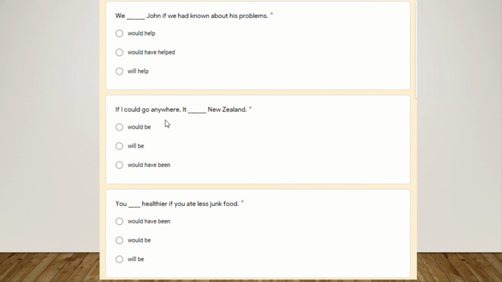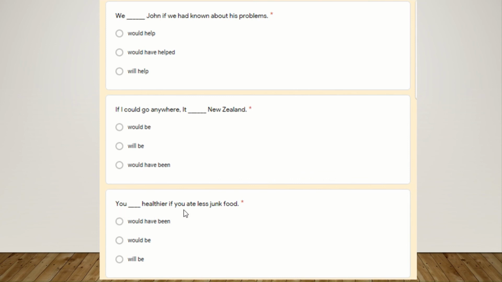This could be. So if you see the would and the past tense here, you just have to analyze what type of condition you have. If I could go, remember that we can use could instead of would, but you have base form. All right, the would must be, if I could go anywhere, it would be New Zealand. Would be. My wish. Would plus base form.